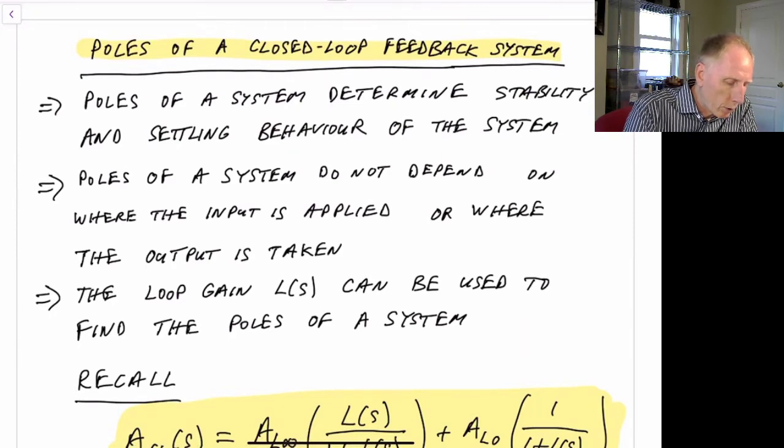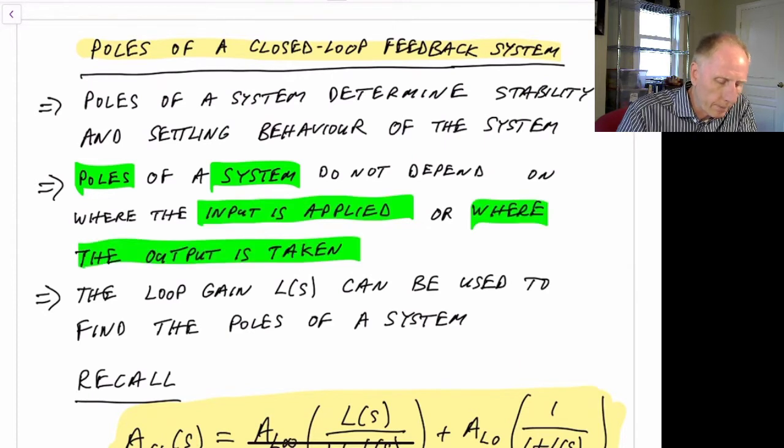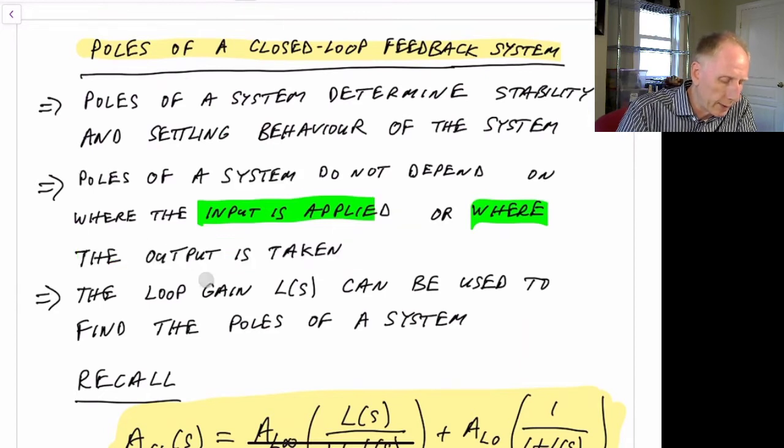You can also show that the poles of a system don't depend upon where the input is applied or where the output is taken. So you just need to look at the poles to determine if it's stable, unstable, or what the step response ringing will be, the overshoot, and how long it will take to settle.